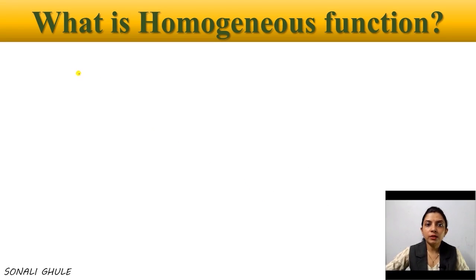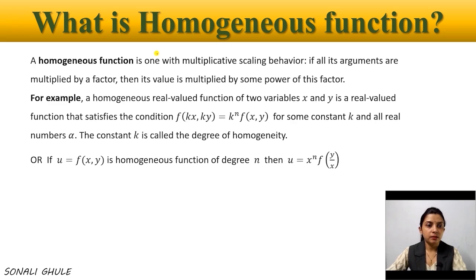First of all, what is a homogeneous function, that we are going to see here. A homogeneous function is one with multiplicative scaling behavior: if all its arguments are multiplied by a factor, then its value is multiplied by some power of this factor.